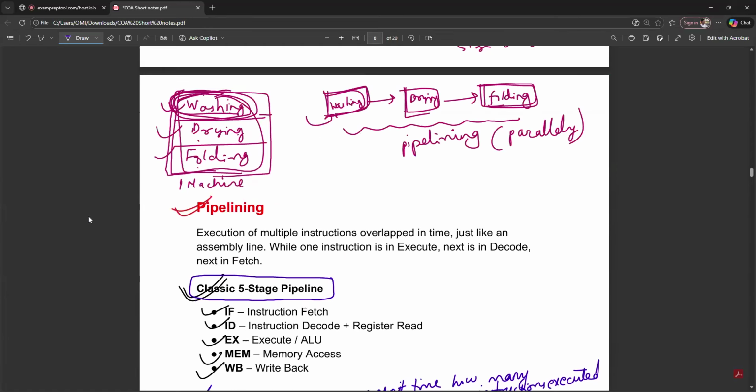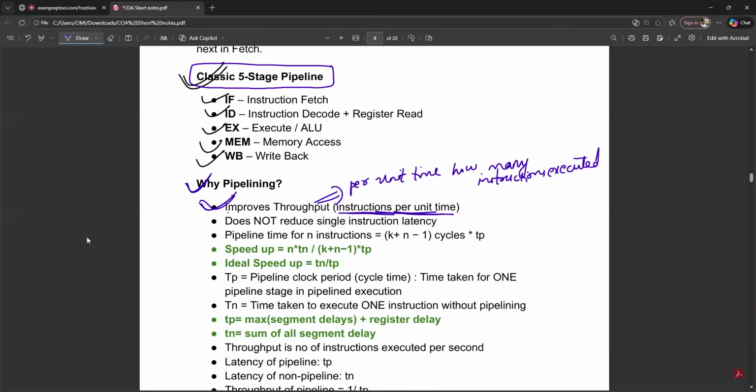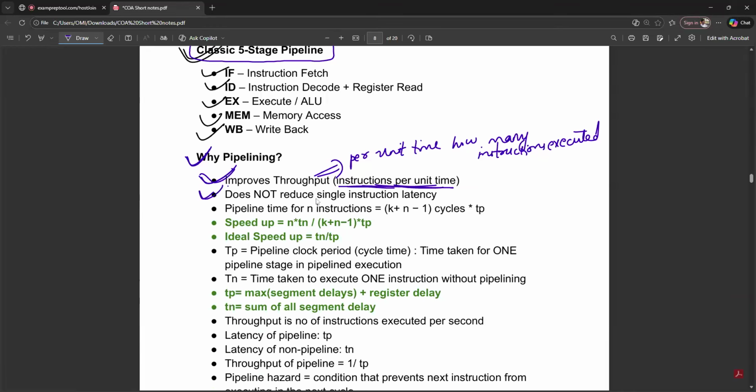So if you have pipelined, many instructions can be executed per unit of time, because one instruction can execute here, another instruction can execute here. So it improves the throughput. It does not reduce the single instruction latency. Why?